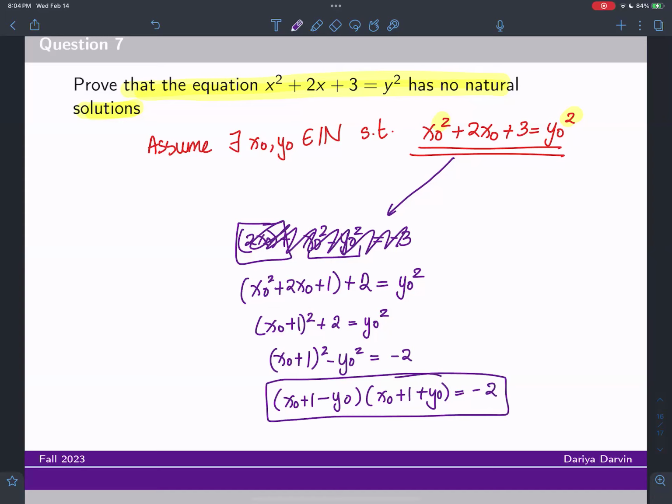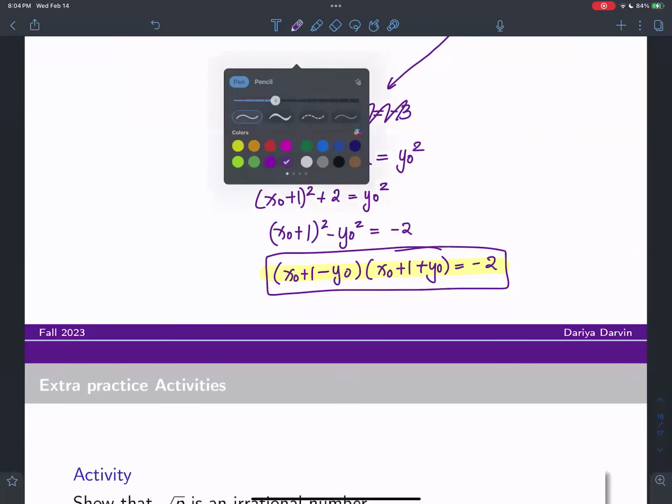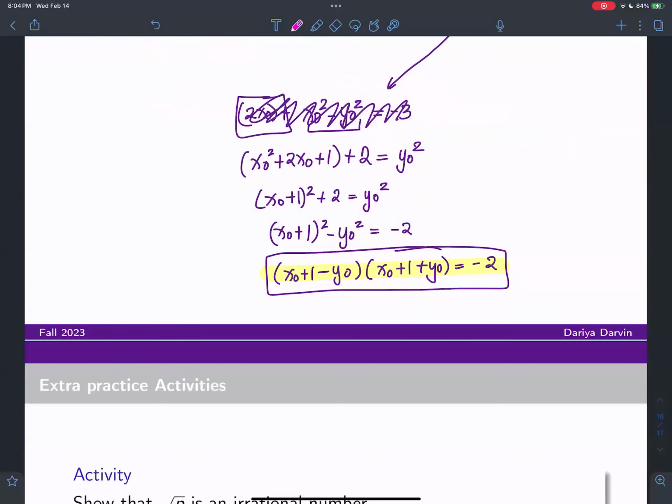So now I have it in that form where it's a product of two brackets and a number that's easily broken down. This basically means case 1 is 1 and -2, case 2 is -1 and 2, case 3 is there a different case? I don't think so.